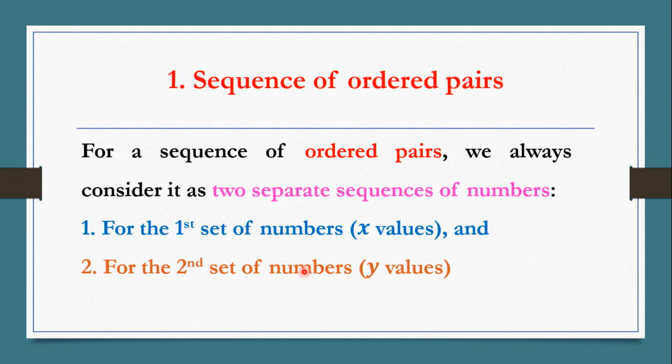So, a summary of what we have done in today's lesson. We have learned about sequences of ordered pairs. Remember, for a sequence of ordered pairs, we always consider it as 2 separate sequences of numbers. The first set, we consider them as x values. The second set of numbers, we consider them as y values.